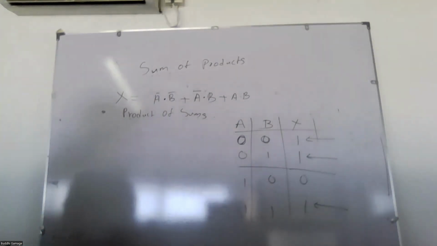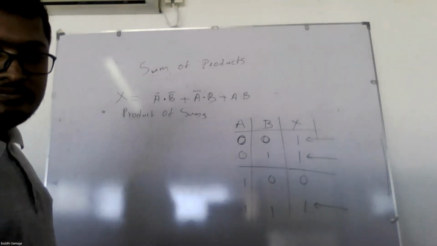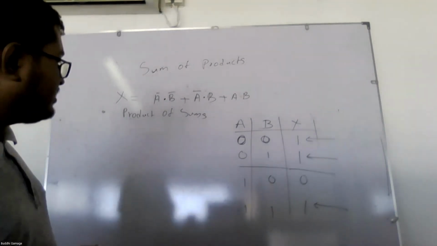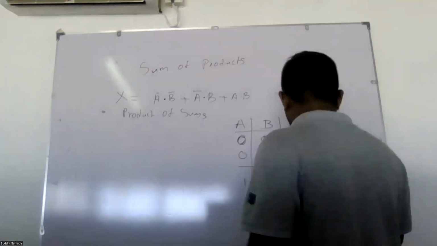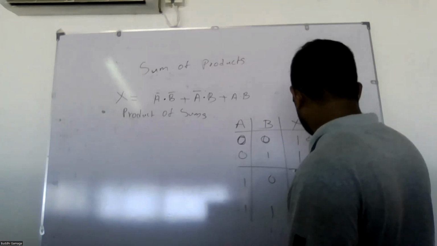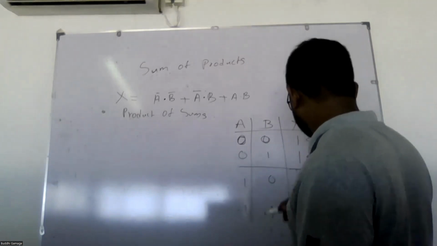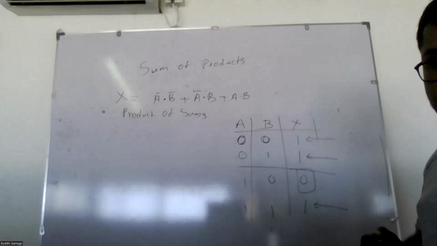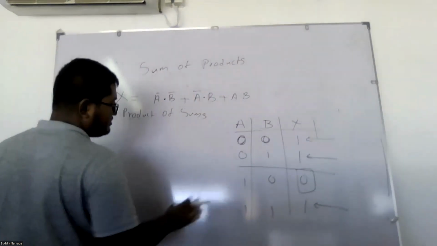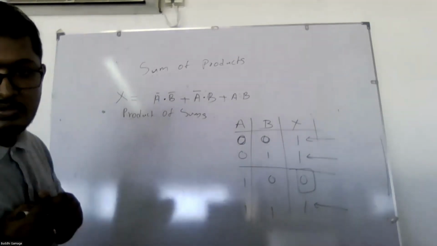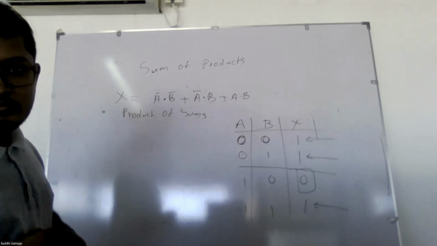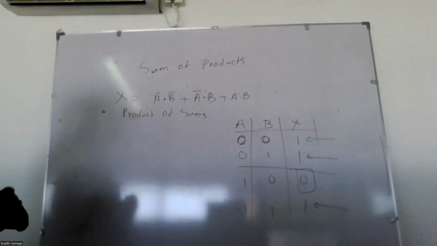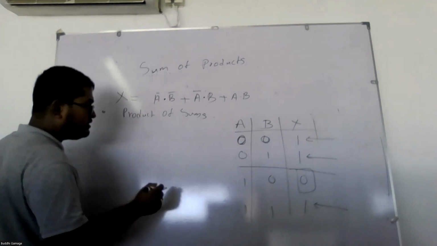Right? So in that case, we are taking the negative values or the false values, these ones. So for this particular case, right?